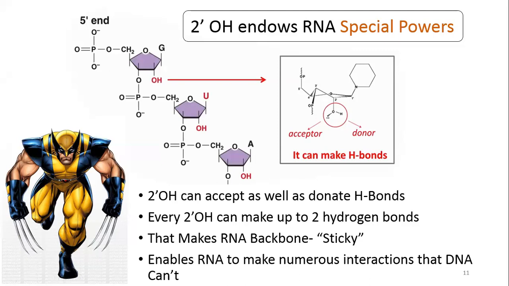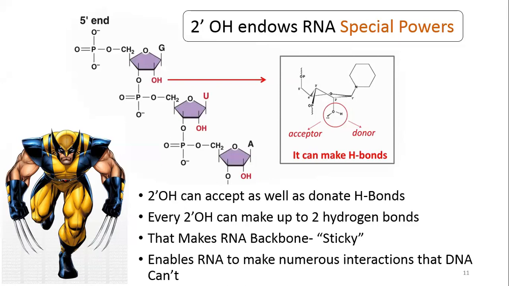So in this way, every 2' OH can possibly have 2 hydrogen bonds, and since it can have 2 hydrogen bonds, it makes your RNA backbone sticky. It can attach to different substrates.